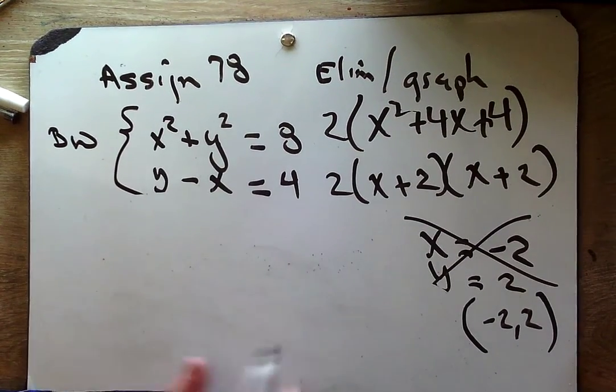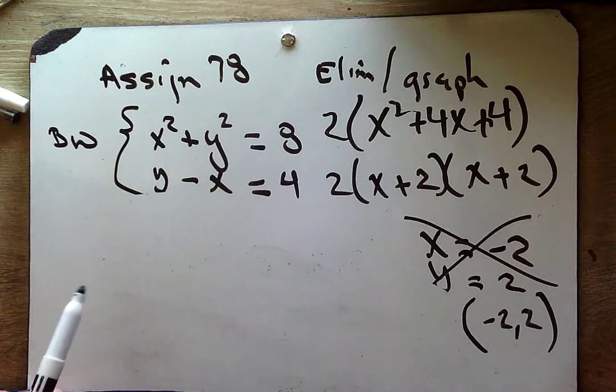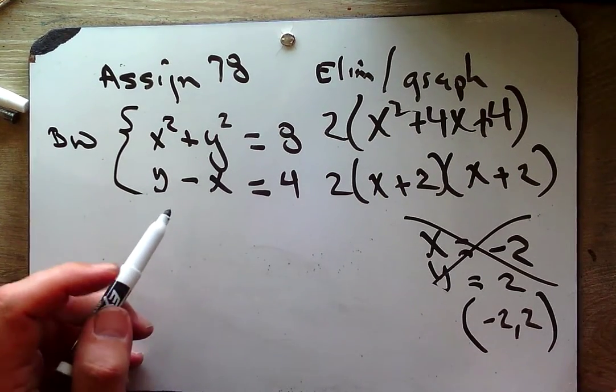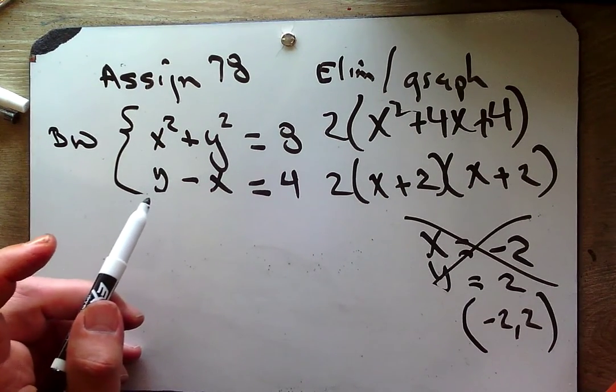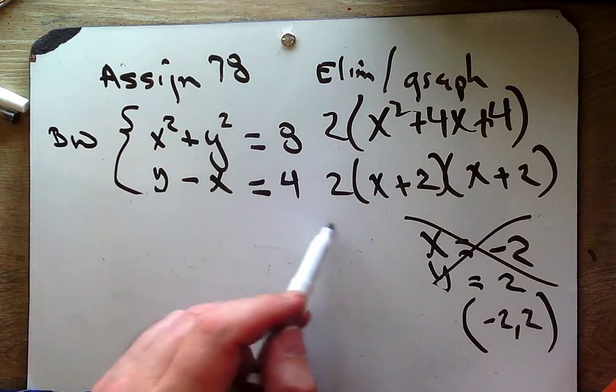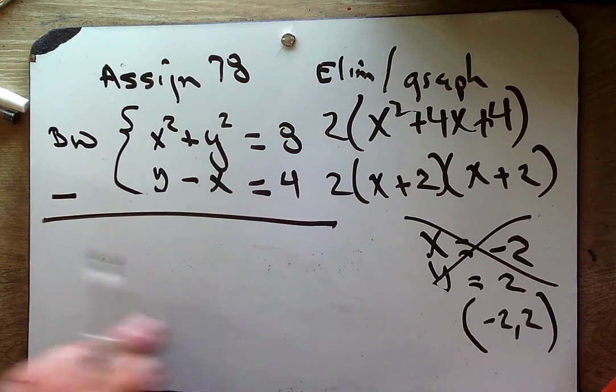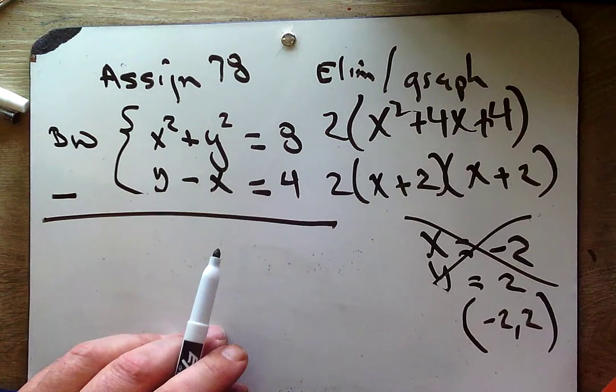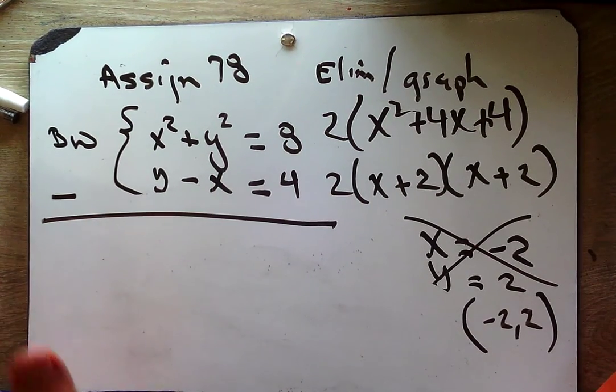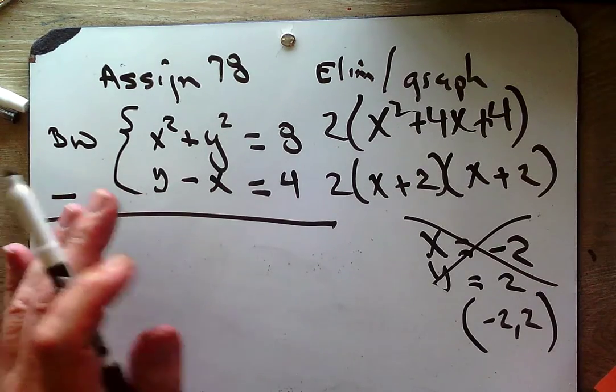What about elimination? Well, yeah, that kind of sucks. What if I subtracted one equation from the other? I wonder what happens then. I'm actually wondering. I've never done this before.